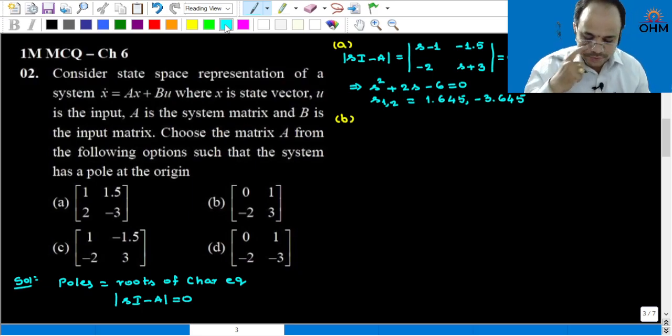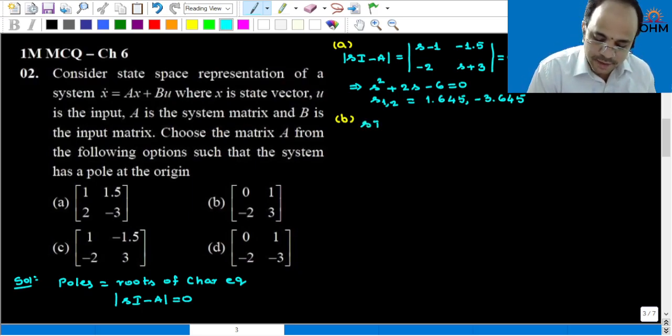Next, for option B, if you check the determinant of sI minus A, this will come around (s minus 1)(s minus 3) minus 2 is equal to 0.